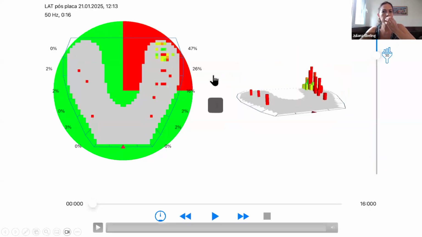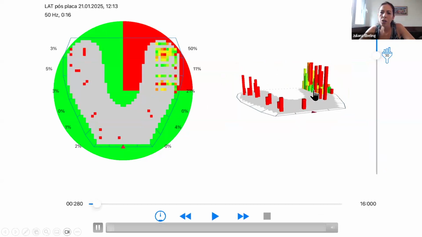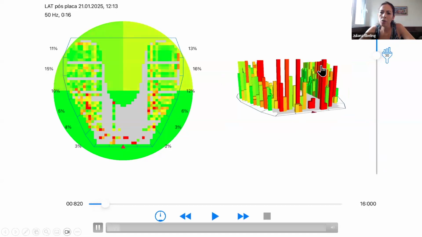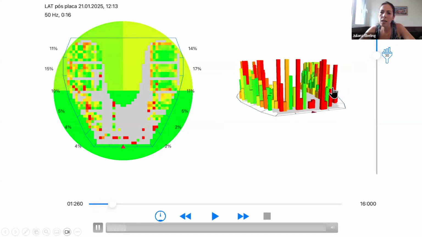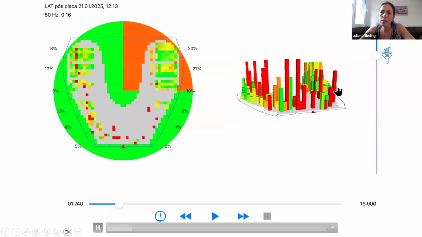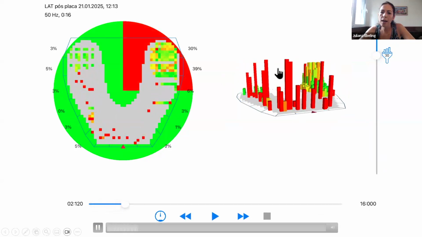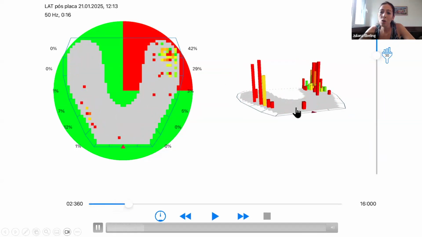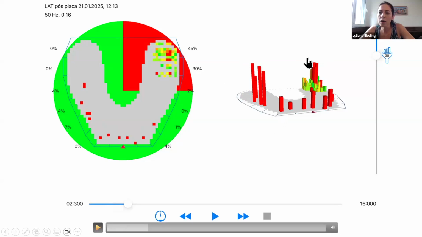And let's understand how the lateral movement is in this patient. She goes to maximum intercuspation and now to the right. Look how long we have the non-balanced contact, and look at the intensity of this contact during this movement.